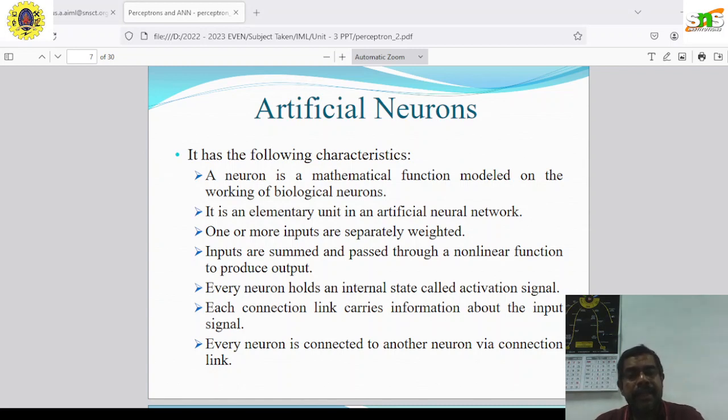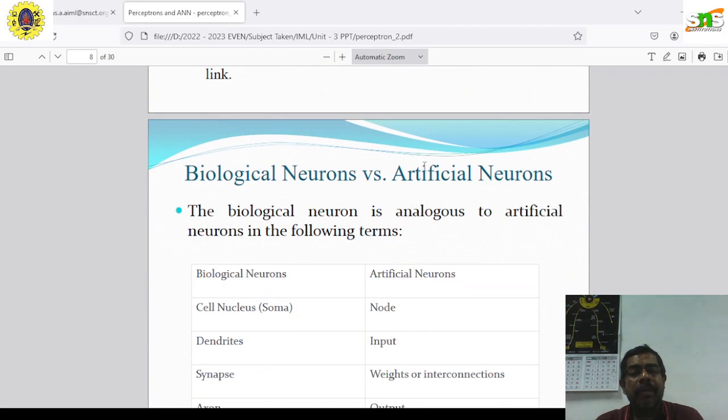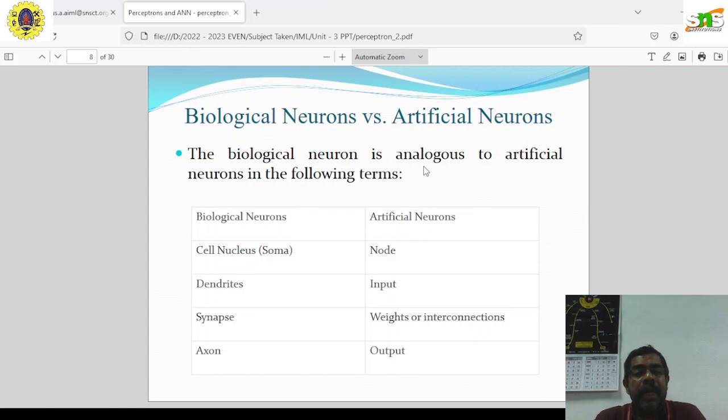On the next slide, we are going to see how biological neurons and artificial neurons are integrated. First, we see the biological neuron in actual. Now, in neural networks, it is called an artificial neuron. The cell nucleus, the soma, is treated as a node in artificial neural networks.